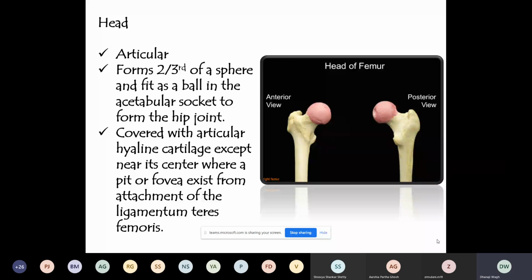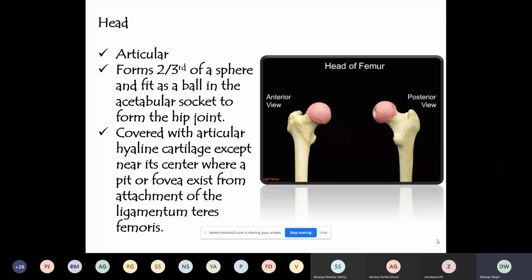Now, clinical importance regarding its head: there is a blood supply. The medial part of the head, near this fovea, is supplied by the medial epiphyseal arteries, which are derived from the posterior division of the obturator artery and from the ascending branch of the medial circumflex femoral artery.